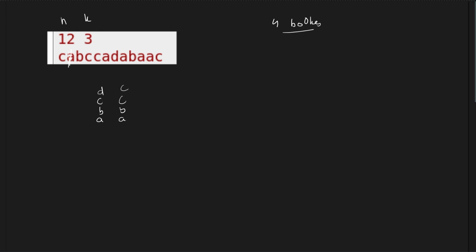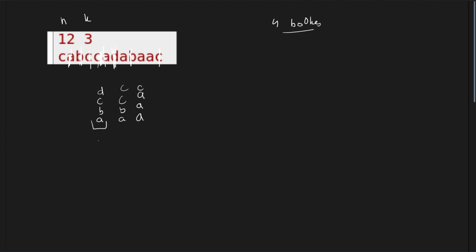So we have used this A, we have used another A, we have used a single B, and another B. C we have used 3 times, 1, 2 and 3, and we have used D 1 time, right? So the only characters that we are left with are 3 times A and 1 time C, right? So these are the only characters that we are left with.